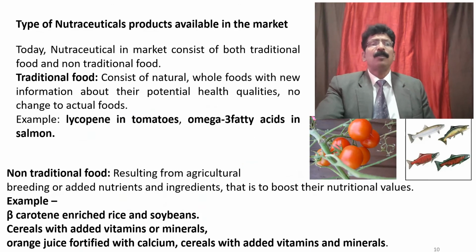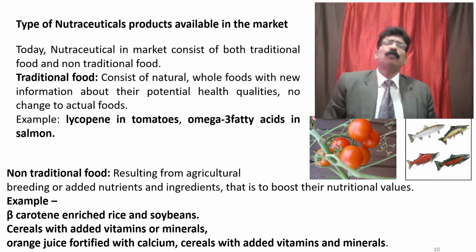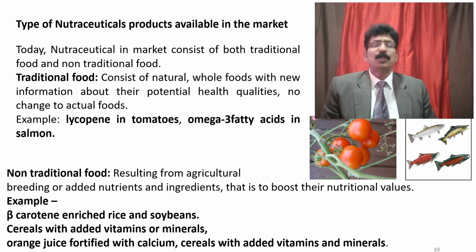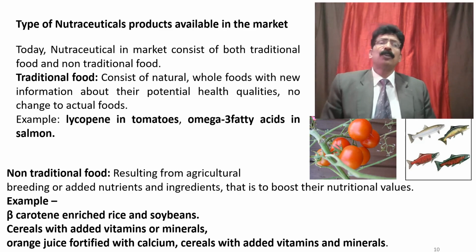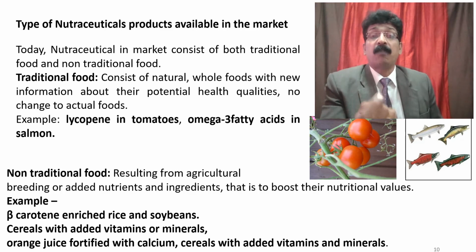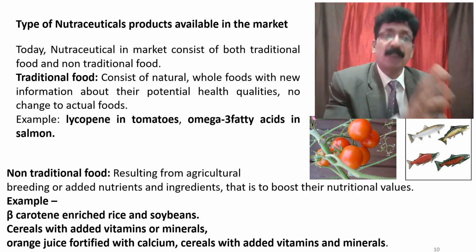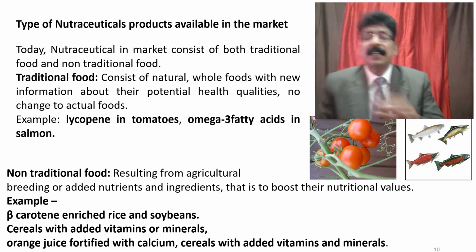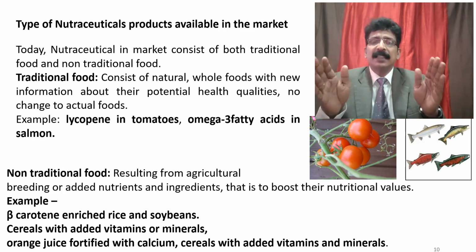When you come to the types of nutraceutical products available in the market, today nutraceuticals in the market consist of both traditional food and non-traditional food. When you listen, you have to study like that.